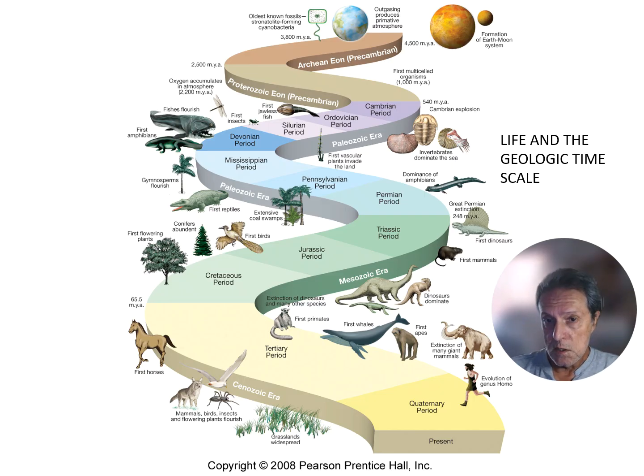So starting here at the beginning of Earth's life and progressing through time until we reach present day, we can see through this chart that different forms of animals showed up at different times during the geologic time scale.